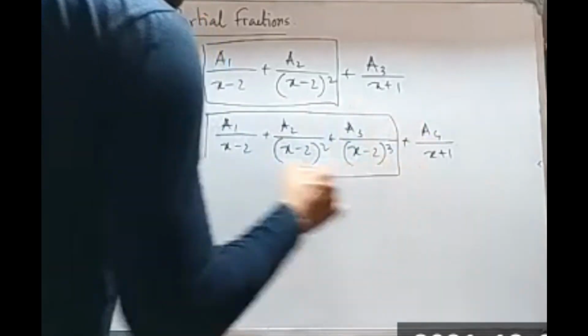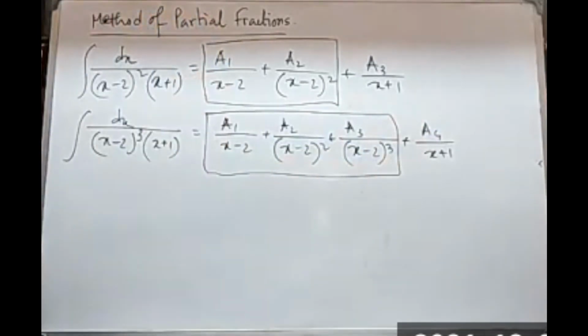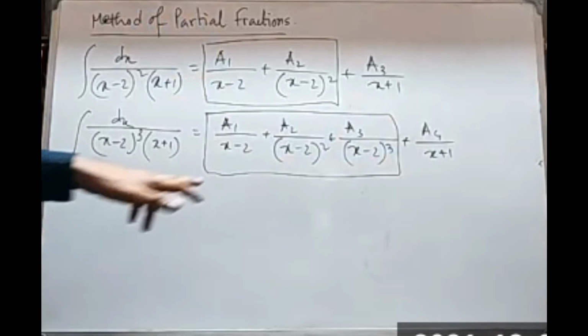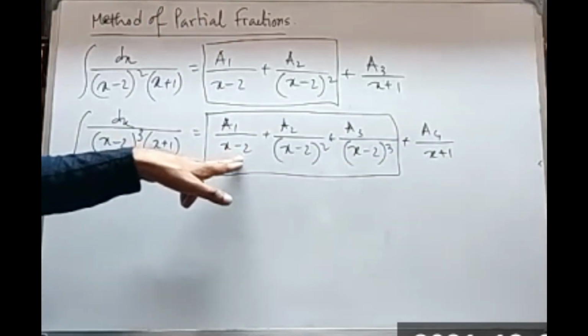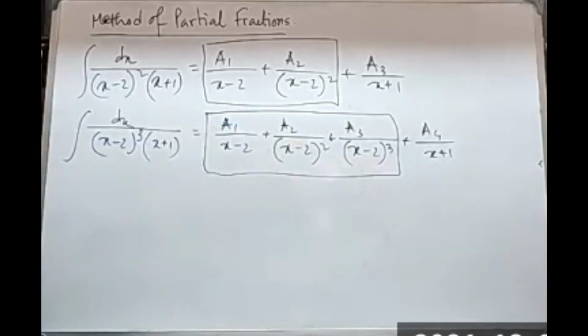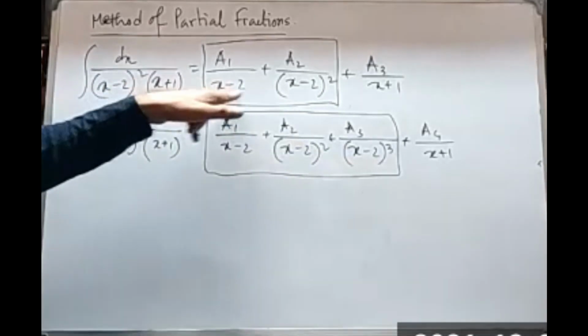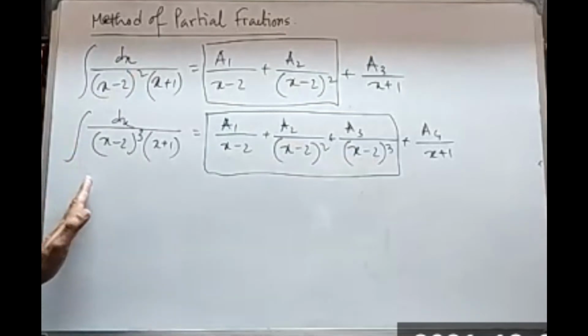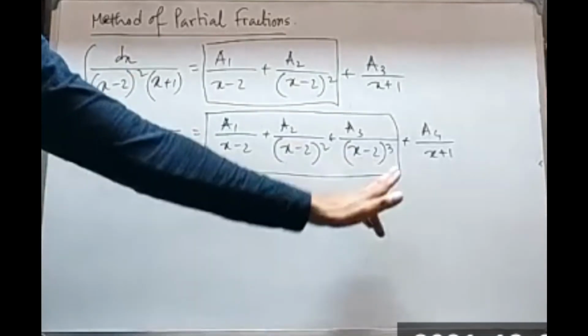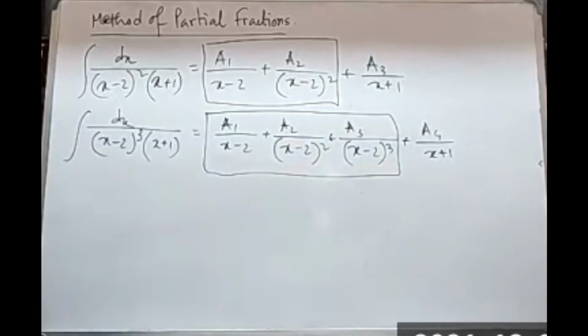So depending on the degree of repetition, these terms will come. If it is 3, we take power 1, power 2, power 3. If it is 2, power 1, power 2, and in this way. Starting from power 1, we need to take all the terms up to the given power.